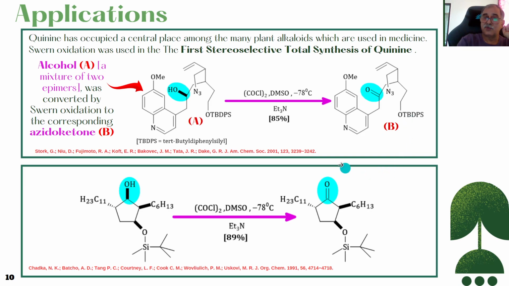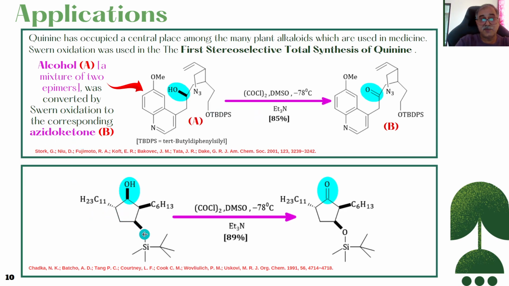And then through further steps, this azido ketone was converted ultimately into quinine, and even the corresponding epimers will lead to the corresponding azido ketone, and that will lead to the synthesis of quinidine also. Quinine and quinidine are two enantiomeric compounds.